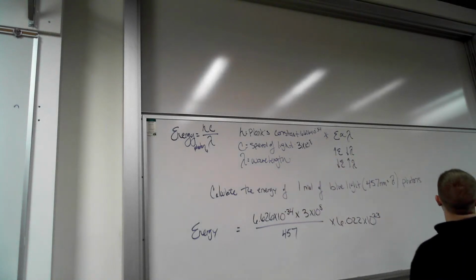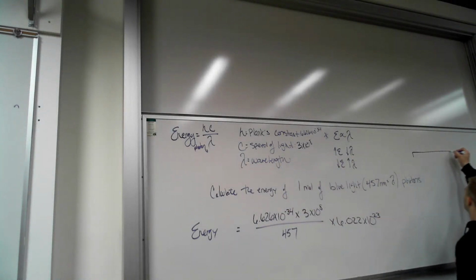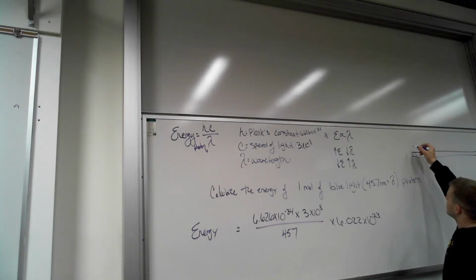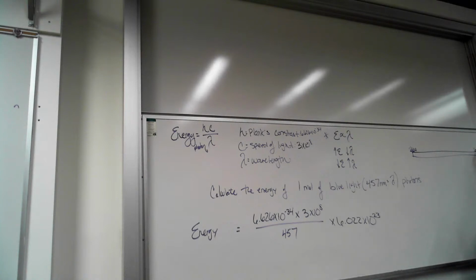So you have your whole electromagnetic spectrum, right, ranging from radio waves to gamma waves. And then we have our visible light spectrum.